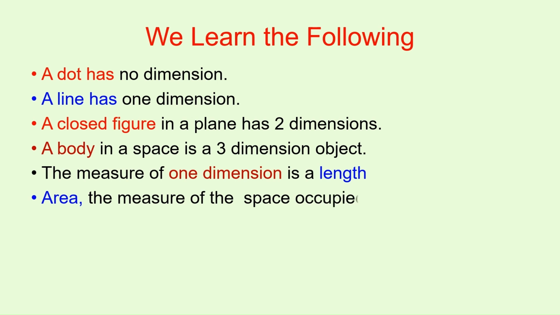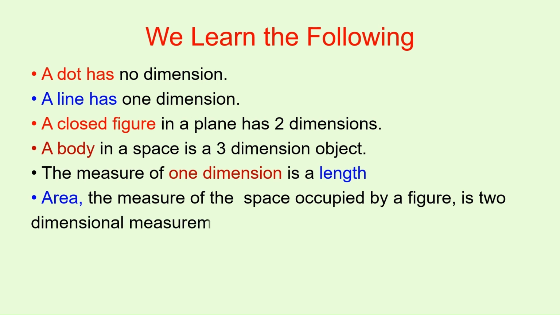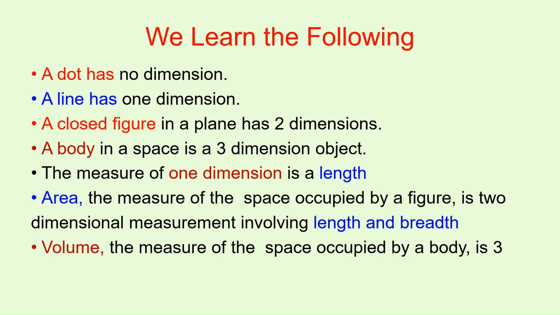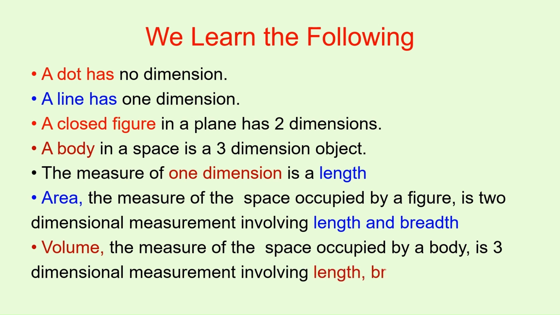The area, the measure of the space occupied by a figure, is a two-dimensional measurement involving a length and a breadth. The volume, the measure of the space occupied by a body, is a three-dimensional measurement involving a length, a breadth, and a height.